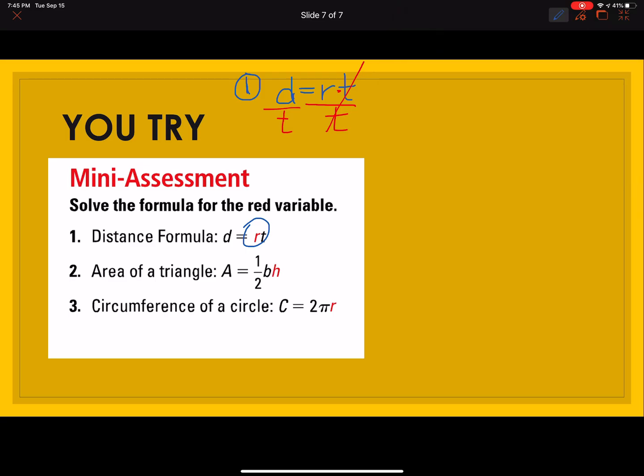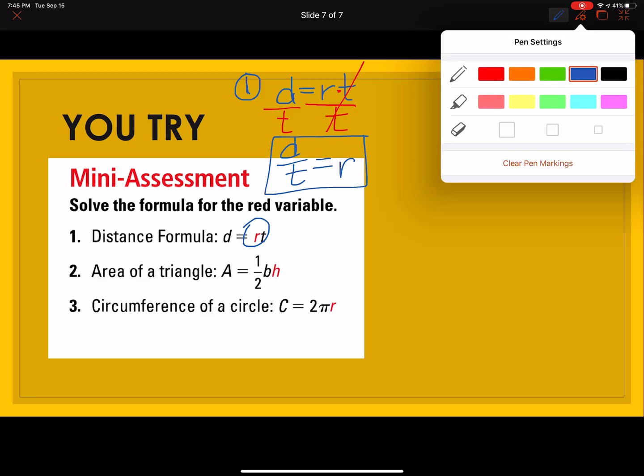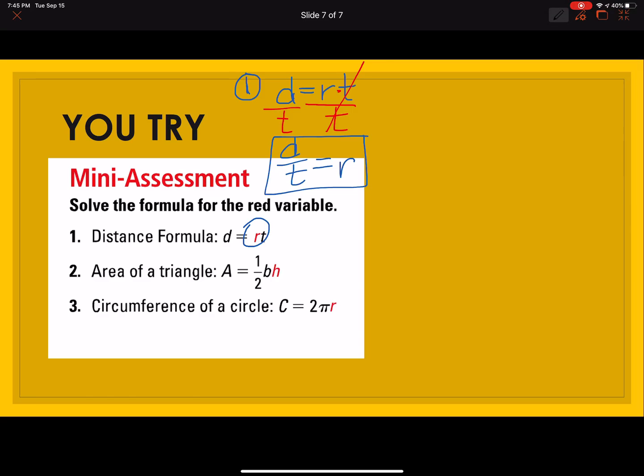Now I'm left with D divided by T equals R. So as long as my R is isolated, I've solved for the red variable. Okay, let's look at number 2 now.